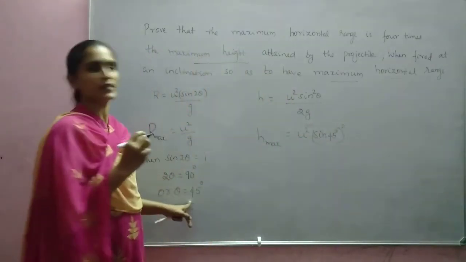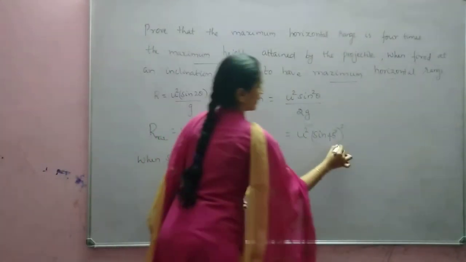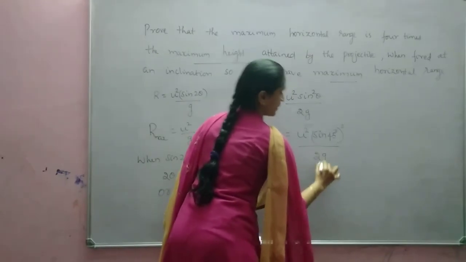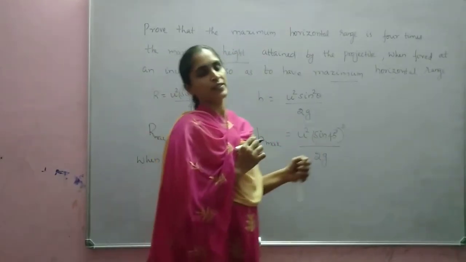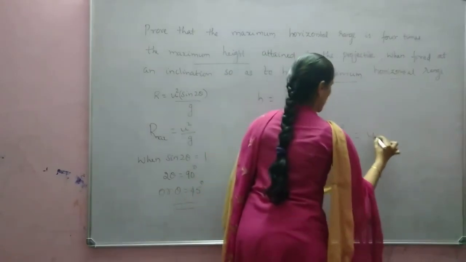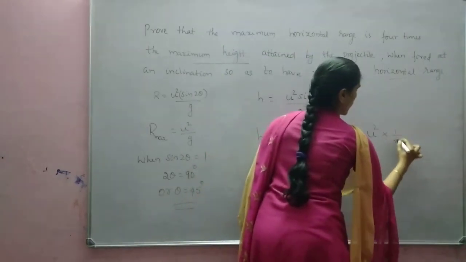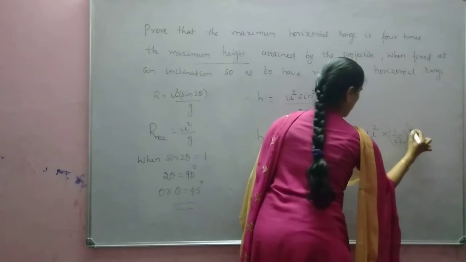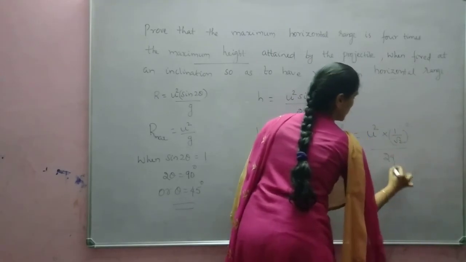Because theta is 45 degree. And what is the value of sine 45? Sine 45 is 1 by root 2. So you can substitute here. What will you get? u square into 1 by root 2 the whole square divided by 2g.